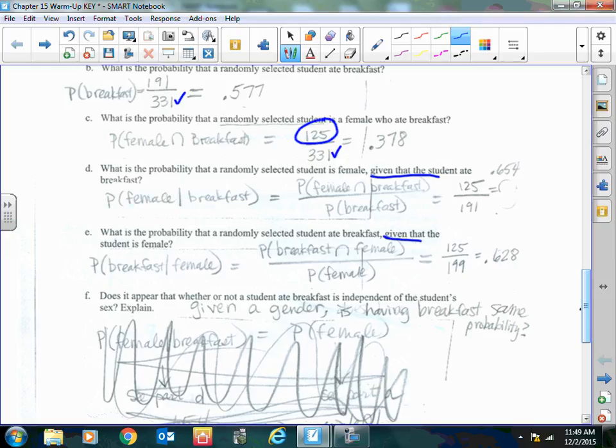I think that's fundamental that you know that, but I want to say to you a couple other ways that the statement might be read and that it might hide from you that it's a given that statement. Okay? So I'll do that in just a second. But D put all the breakfast eaters on the bottom, so that was 191 on the bottom. And E put all the females on the bottom, so that was 199.